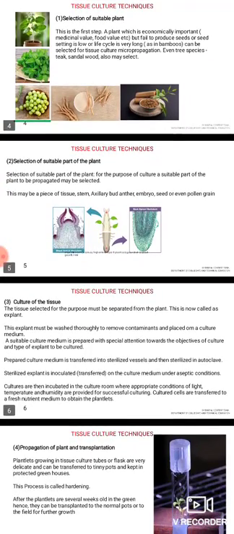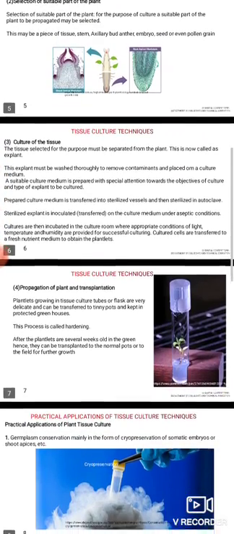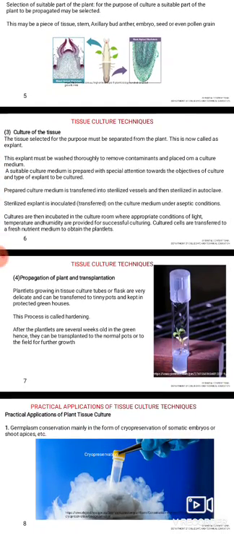Then, selection of suitable parts of the plant for the purpose of culture. This may be a piece of tissue, stem, axillary bud, anther, embryo, seed, or even pollen grain. Next is culture.